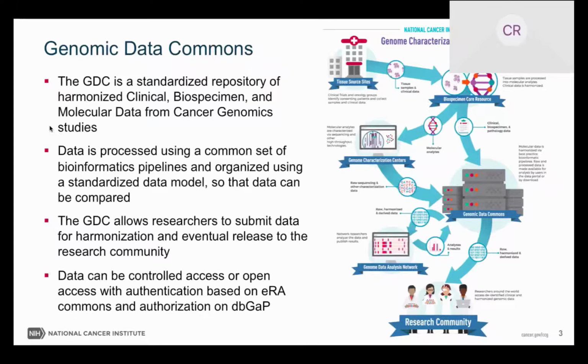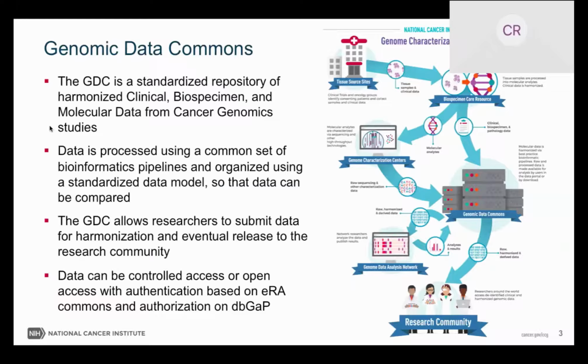What this allows you to do is to compare data across projects, which, as many of you might know, can be really complicated since data may be processed differently, may use different clinical and biospecimen terminology, and so making those comparisons can be challenging. So that's really one of the core missions, to have the data in a single place where it looks the same and has been processed using similar pipelines.